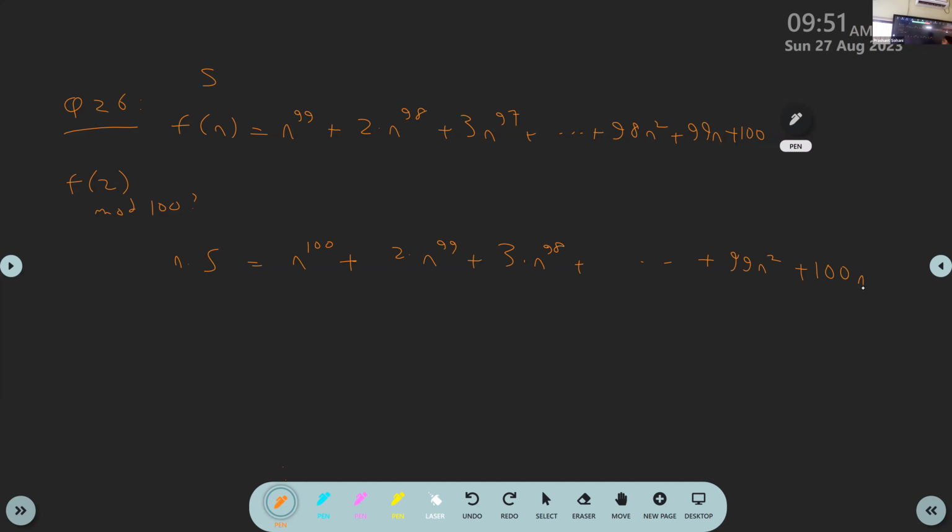Okay, so I slide to the left, and now I'll subtract from n times S, I'll subtract S. So that will be minus n to the power 99, right?